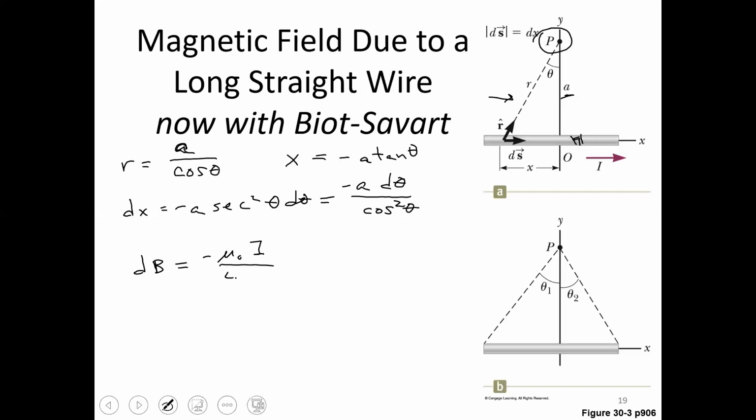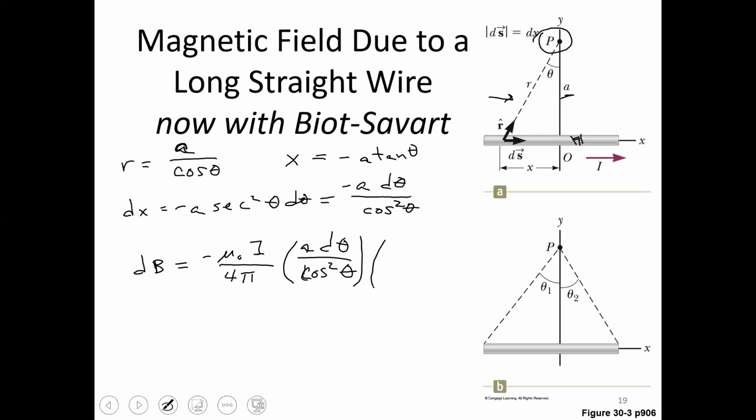So I still have these constants out front. Where I had dx, I am going to substitute in a d theta over cosine squared theta. The negative sign got out here in front of all my constants.